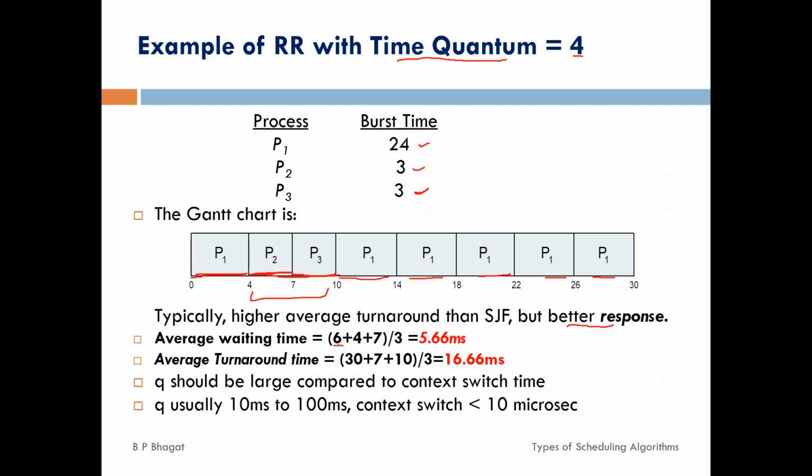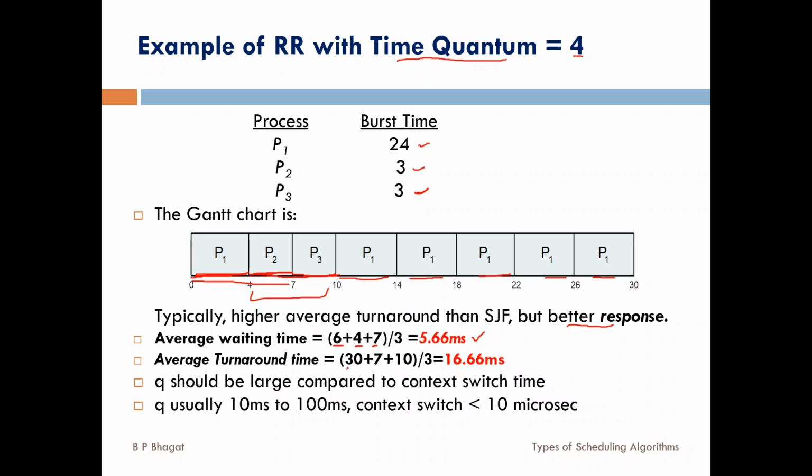So 6 is the waiting time for P1. Then for P2 the waiting time is 4, and for P3 the waiting time is 7. So the sum divided by 3 gives the average waiting time for this, which is 5.66 milliseconds.